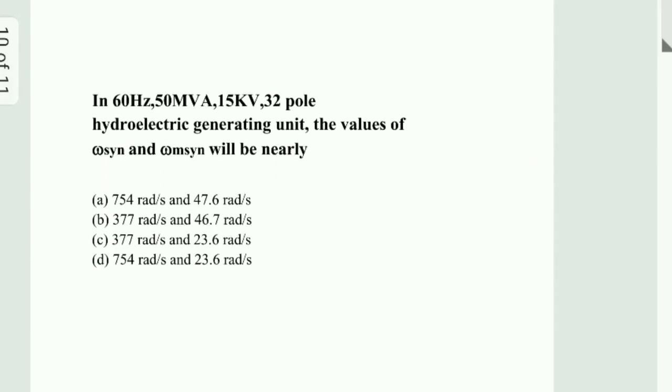Okay, so in a 60 hertz, 50 MVA, 15 kilovolt, 32 pole hydroelectric generating unit, the values of omega synchronous and omega m synchronous will be nearly? पहले तो जानना पड़ेगा कि what is omega synchronous and omega m synchronous, right?